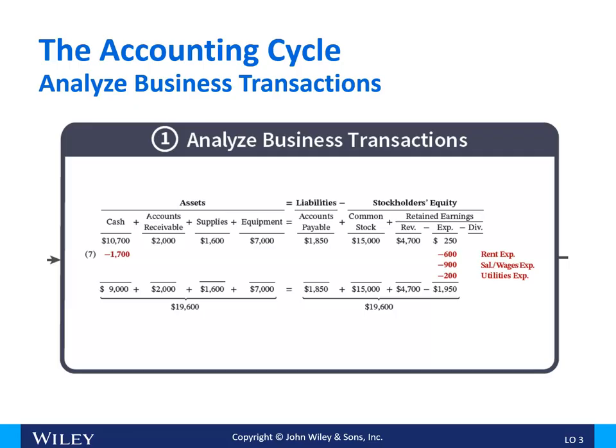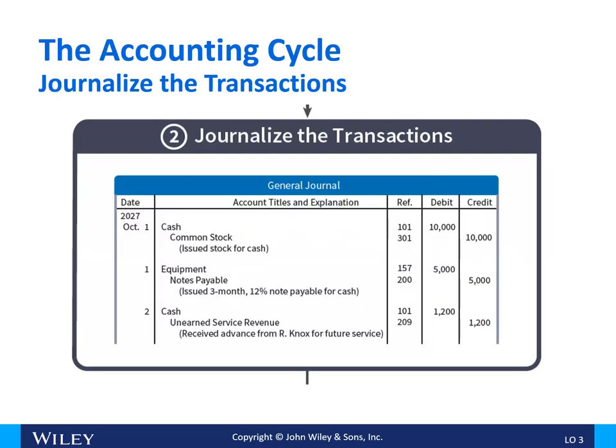That's where we had the accounting equation, listed the accounts underneath them, and put the amounts from the different transactions in the appropriate columns. Then we took that data and we can journalize them, put debits and credits, put it in the proper form for a journal. We show that there.